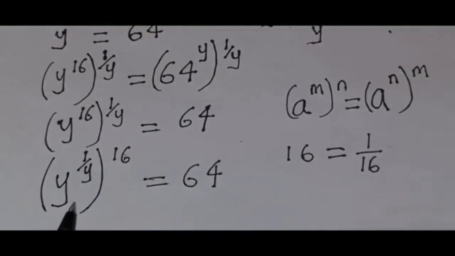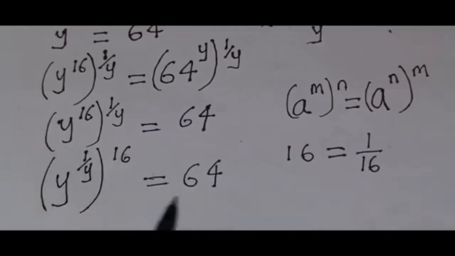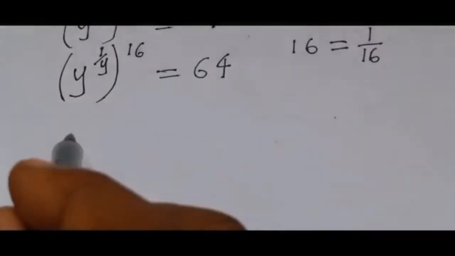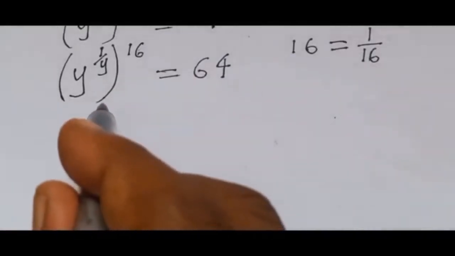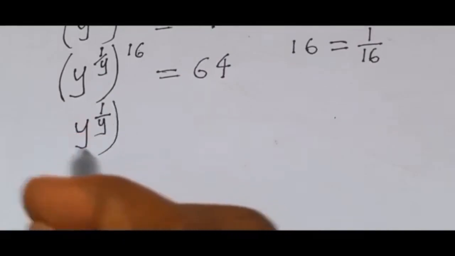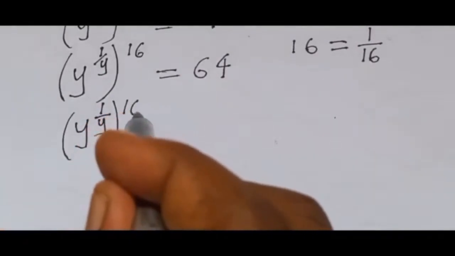So raise 1 over 16 to both sides of the equation. We have y raised to power 1 over y in the bracket raised to exponent 16.